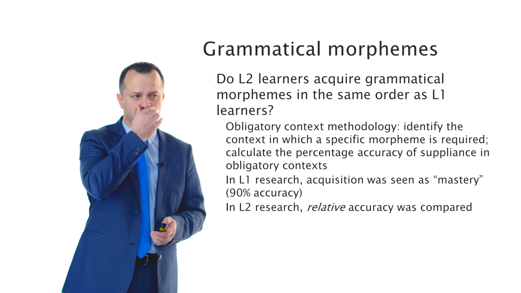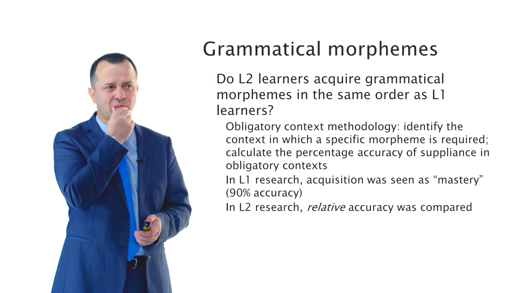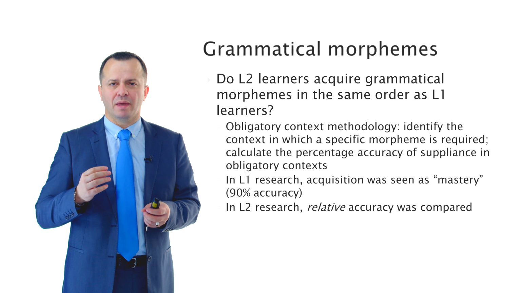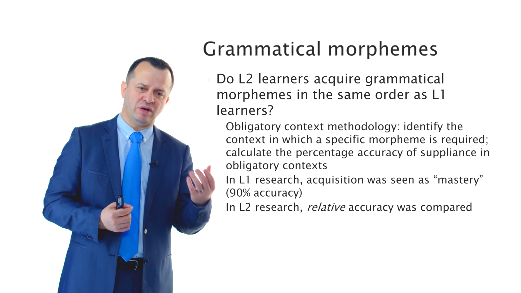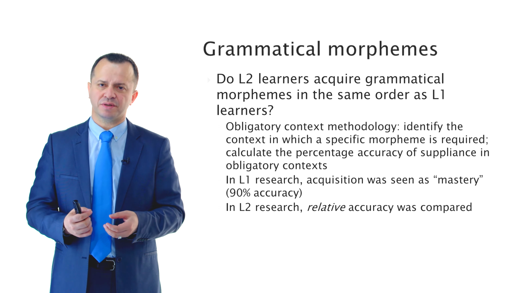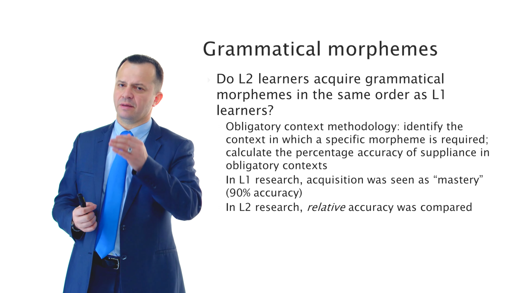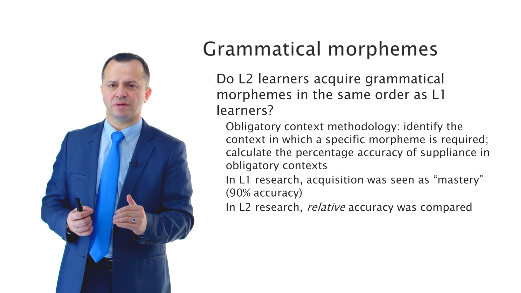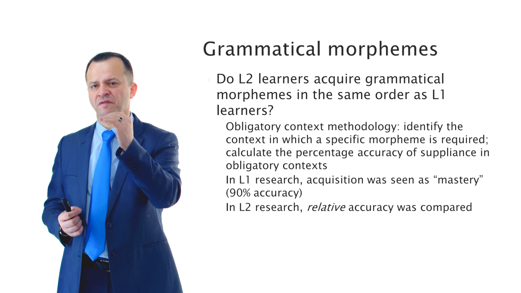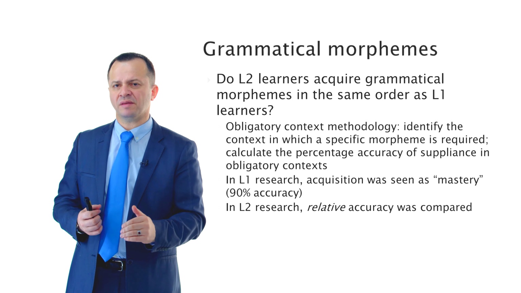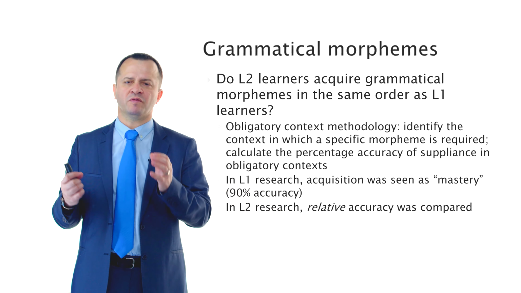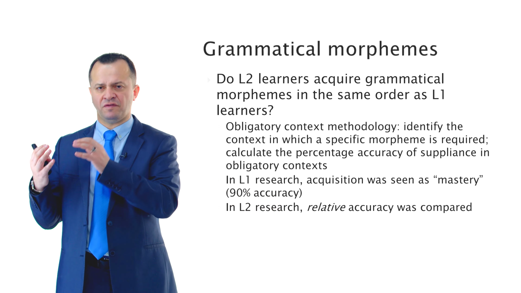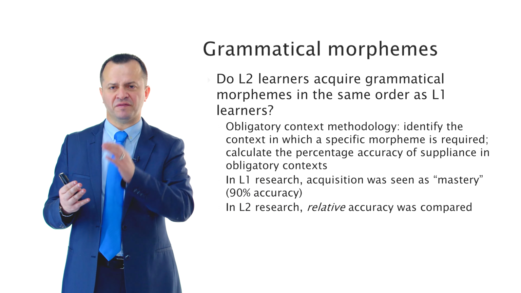Grammatical morphemes. So in every language, even in Uzbek, in Russian, in English, there are stages from the very easiest morpheme to the very complicated morpheme, or we have a hierarchy of morphemes. Which morpheme will a learner learn first? Which will come after?